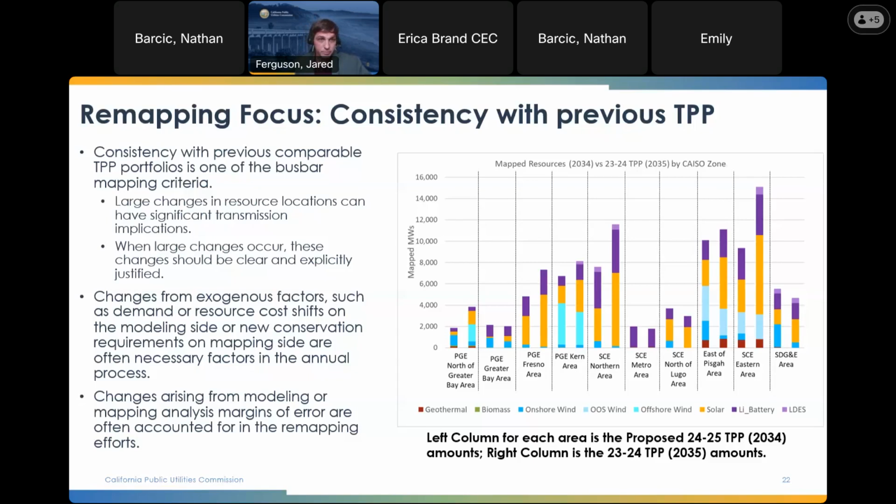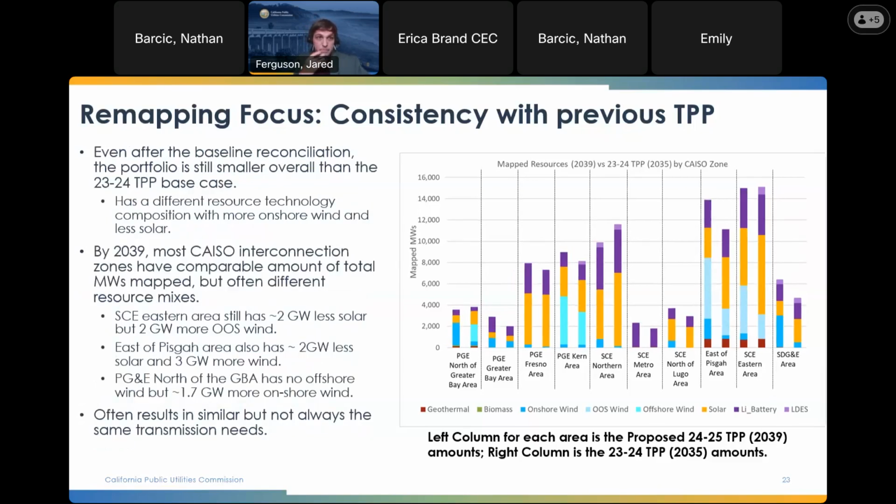Next slide. This is the same chart, but now with 2039. The left column in each grouping is the proposed base case, while the right column is the 23-24 TPP.